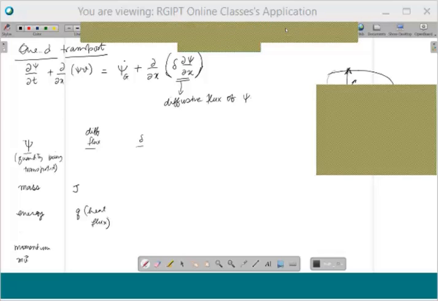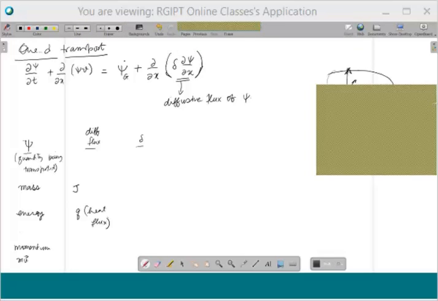Okay. Anything else? Can we say the same for the material derivative? Well, since you brought it up, if you look at this term, this term is nothing but d psi dt. That is the material derivative, which is given by del by del t plus v dot del, which in this case becomes v into del by del x of psi.